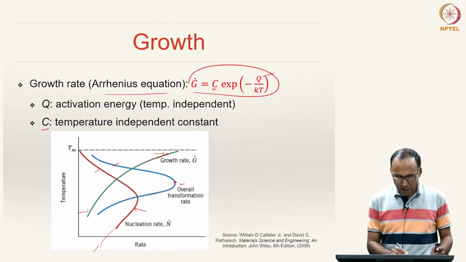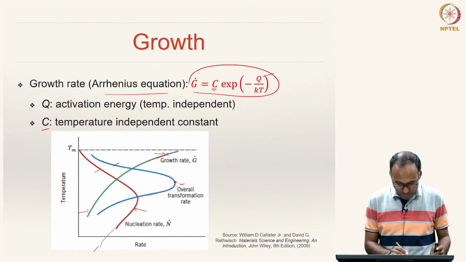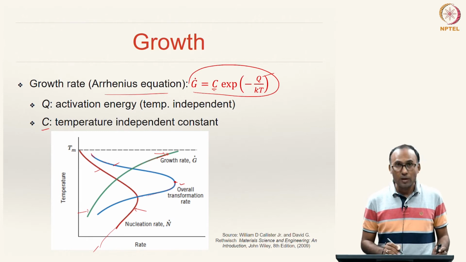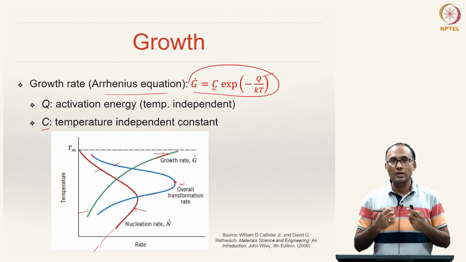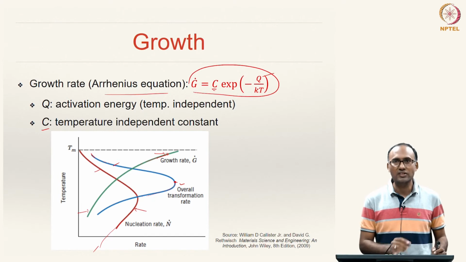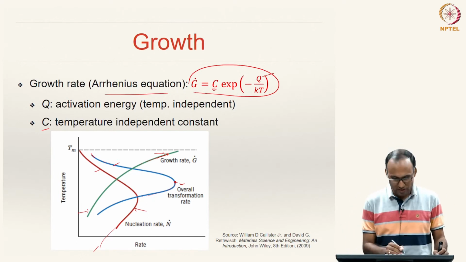At the top we have a very low nucleation rate, so the number of stable nuclei will be small at high temperature, but the growth rate is large. That means the rate at which the particle grows is very large here, and diffusion can happen over long distances at high temperatures.